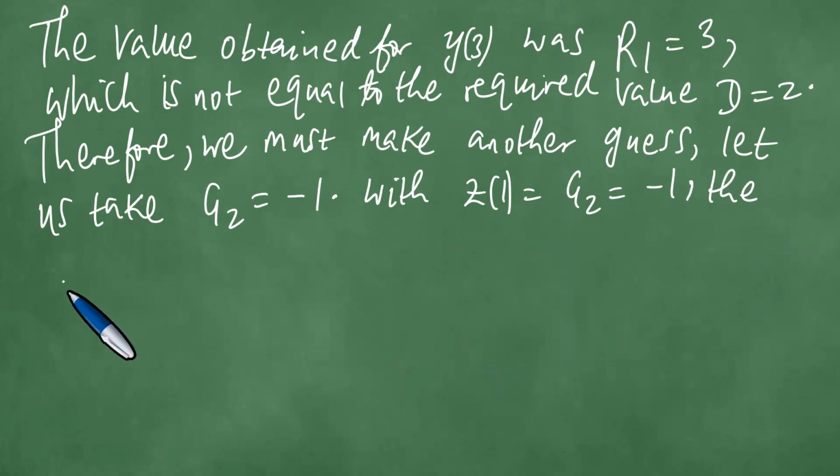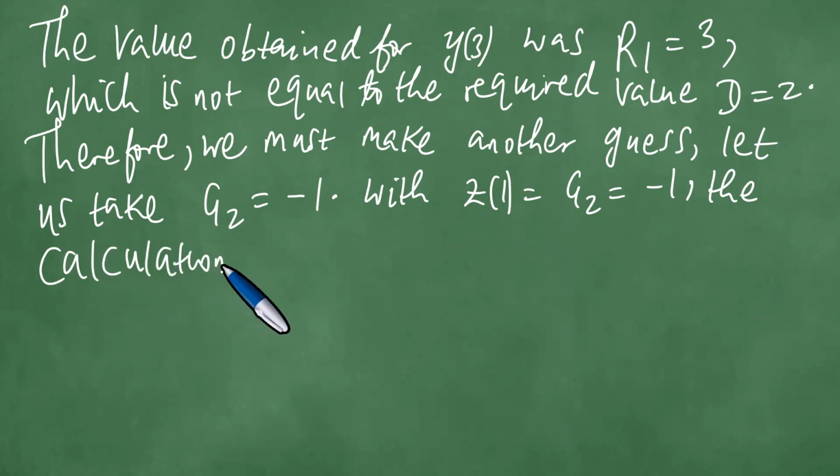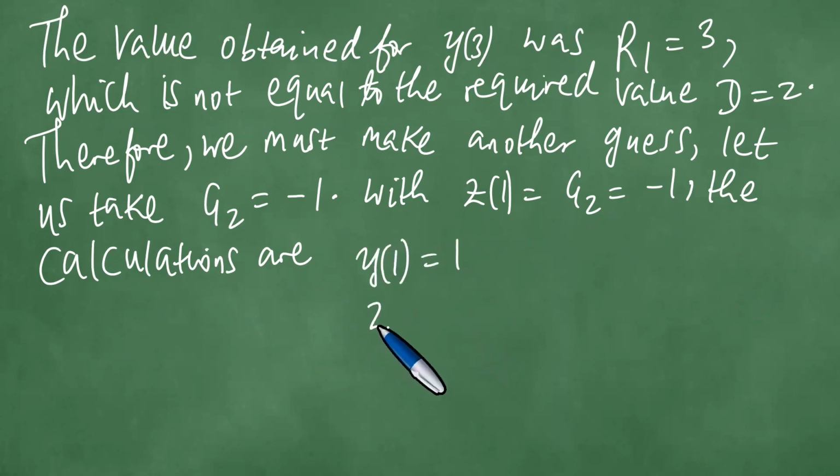The calculations are, what are the calculations? We know that y at 1 is 1 according to the given problem, but we know that z at 1 is the guess, which is -1, guess number 2. We know that y at 2 equals what?